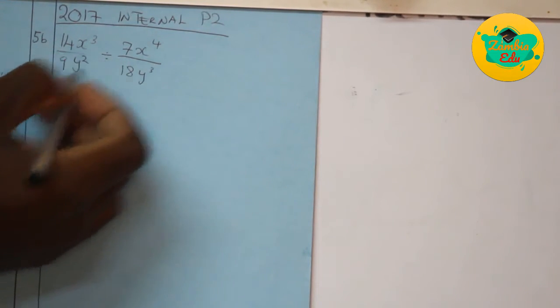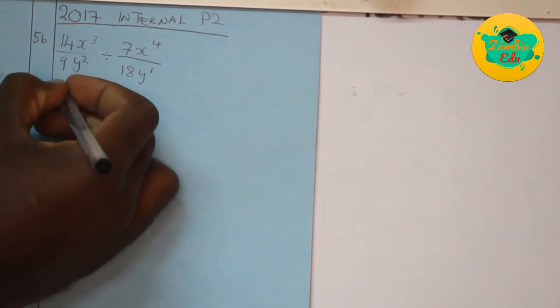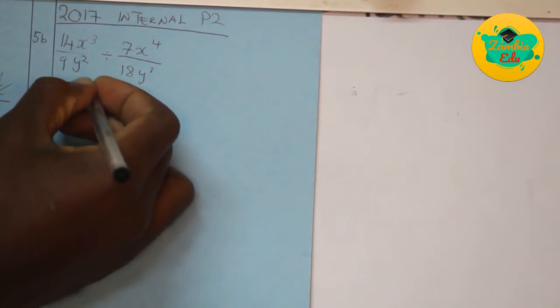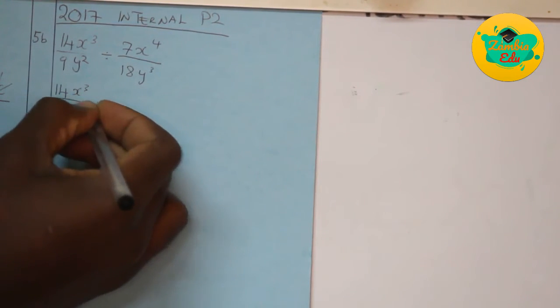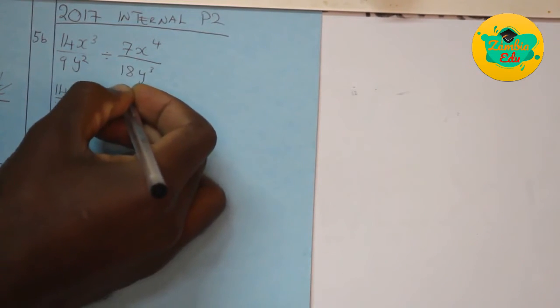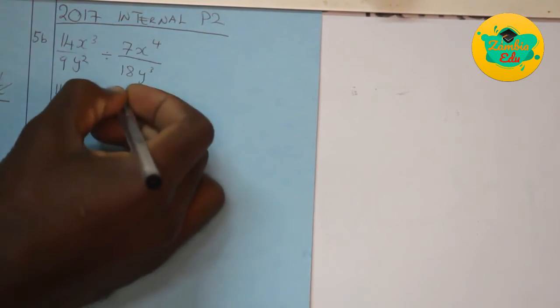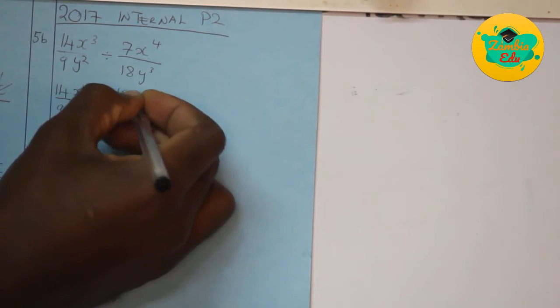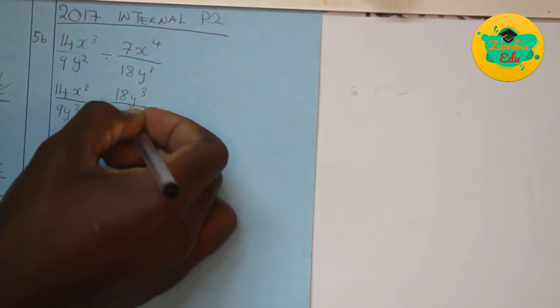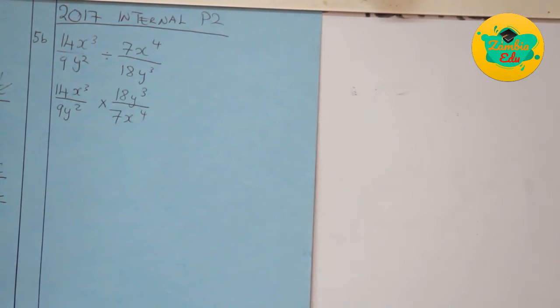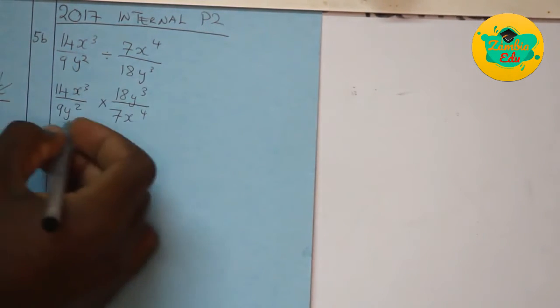First of all, we change that into multiplication, so you get 14x cubed over 9y squared multiplied by, so you swap these values, 18y cubed goes up and 7x to the power 4 comes down. Having done that, now we expand.